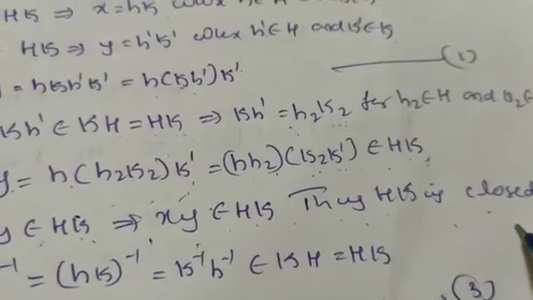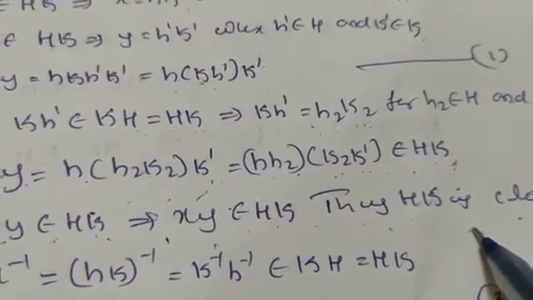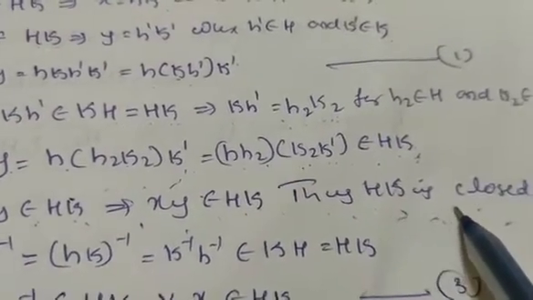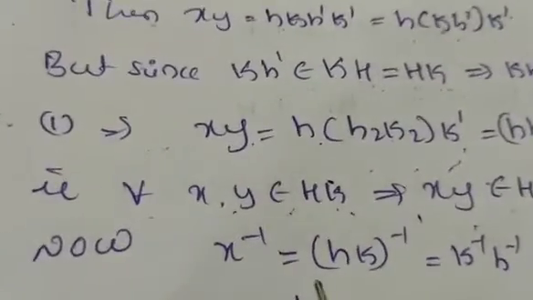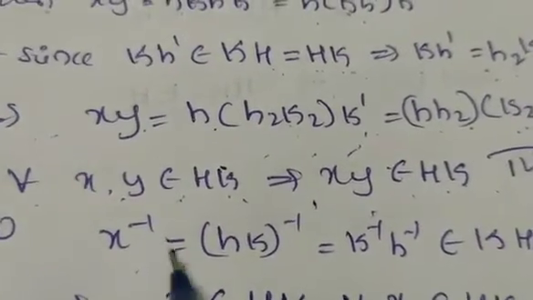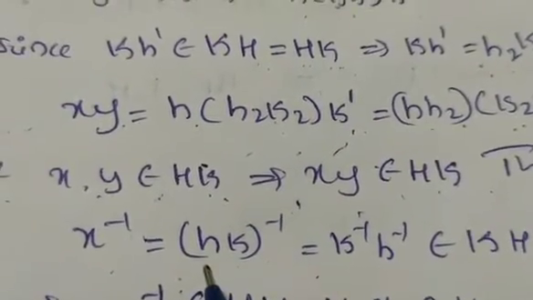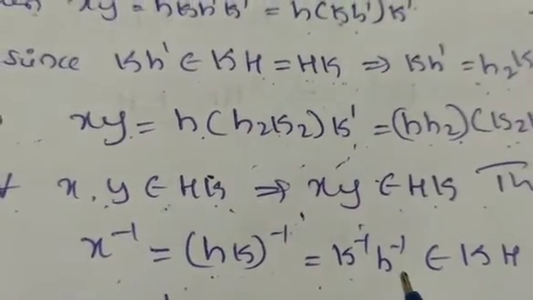So what we want to prove here is that HK is a subgroup. For that we have to prove it satisfies the conditions of a group. The first property of a group is the closure law. So it satisfies the closure law. Now take its inverse. x inverse equals (hk) whole inverse. This equals, we know the reversal property, (AB) whole inverse equals B inverse into A inverse.